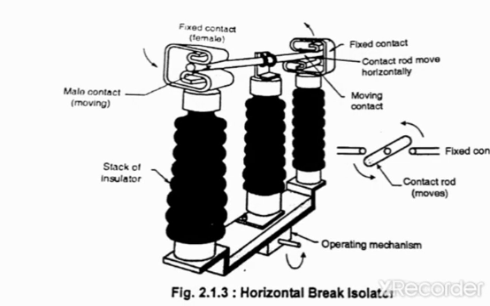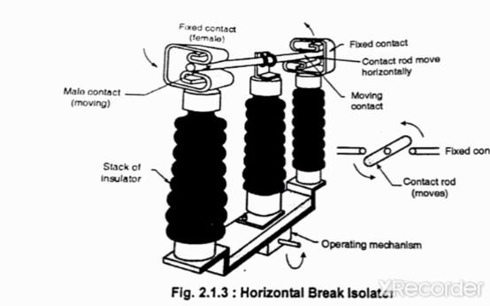The second type of isolator is the horizontal break isolator. This type of isolator has three supporting insulators. At the central insulator, the moving contact is hinged and the remaining two insulators have fixed contacts on them. The number of insulators used here is decided according to the voltage rating.